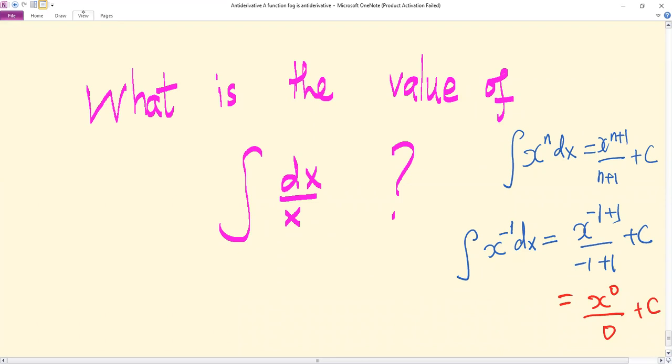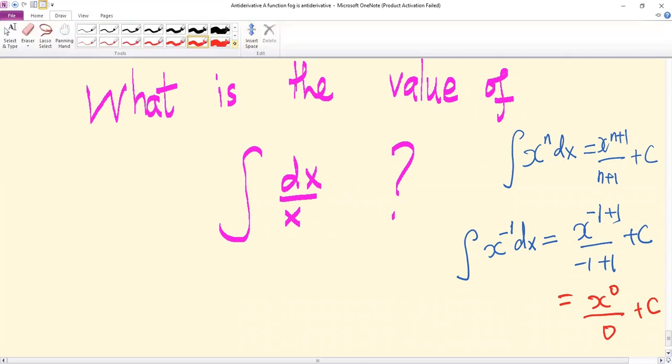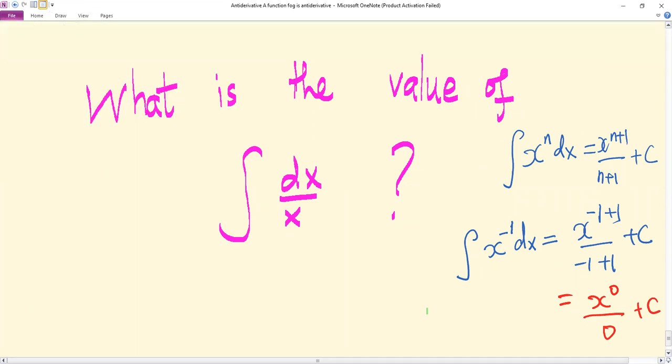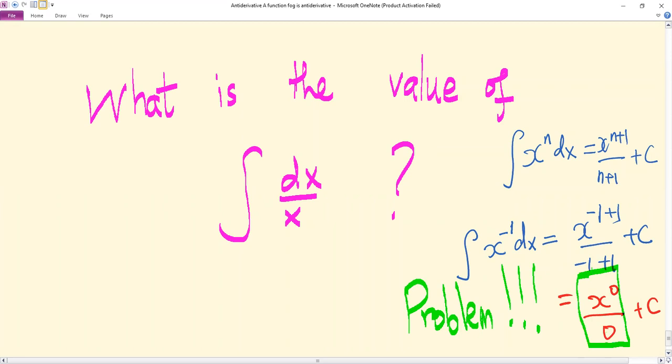So there's a problem here. There's a problem because this working will result in our answer involving division by 0, which is not defined.